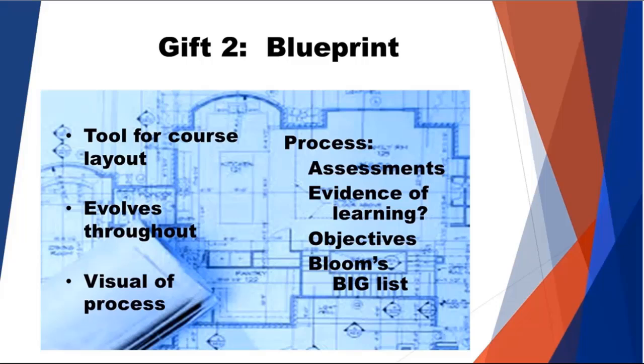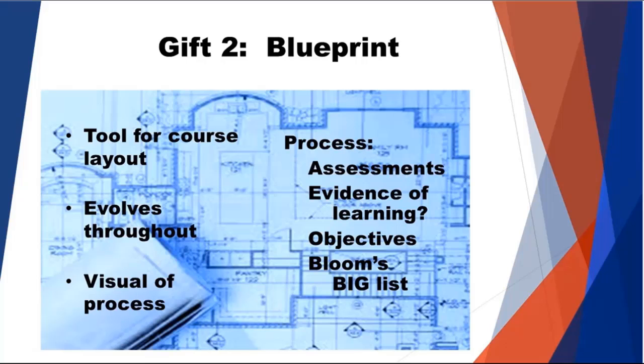It creates a visual, and most of us realize that the connection between visual and text is what really helps us learn. So it creates a visual of the whole process, the whole overview of the process. We think about the assessments and what type of evidence they provide for the learning, because that truly is what we want to make sure of.